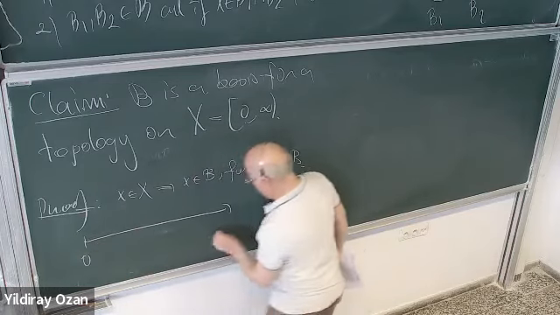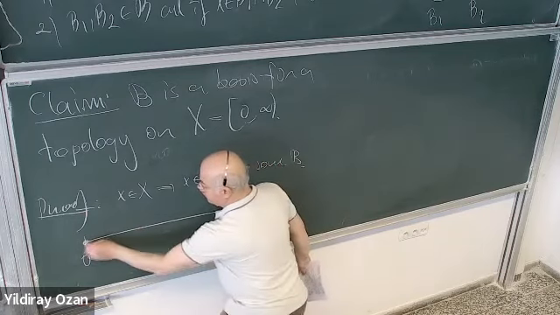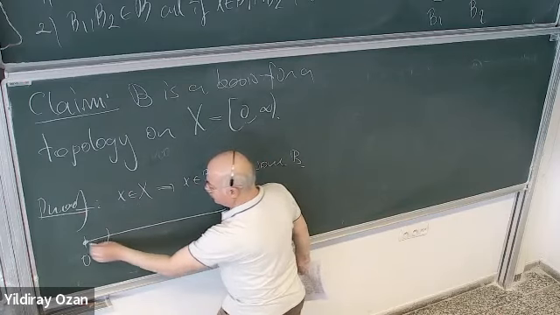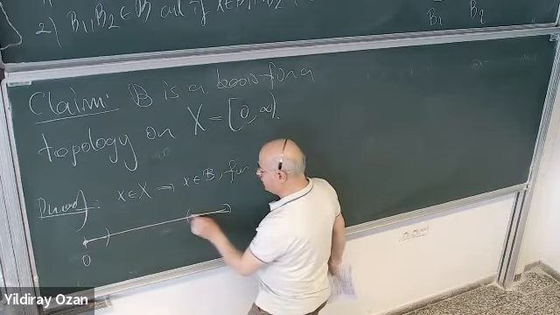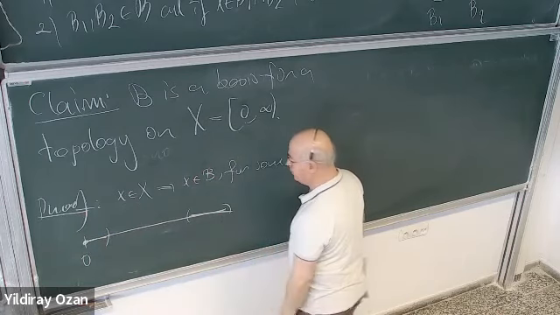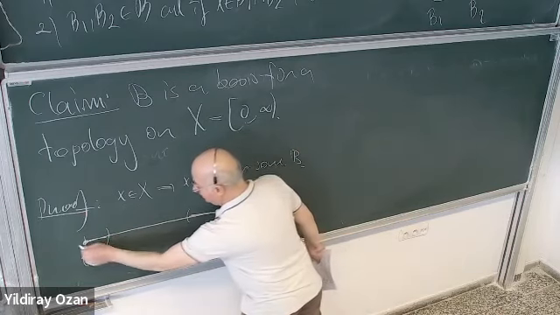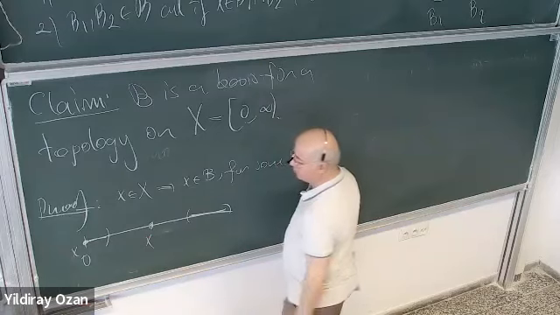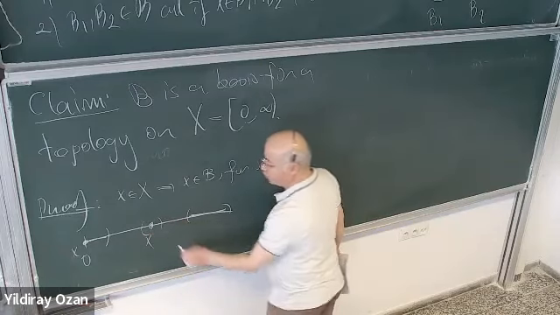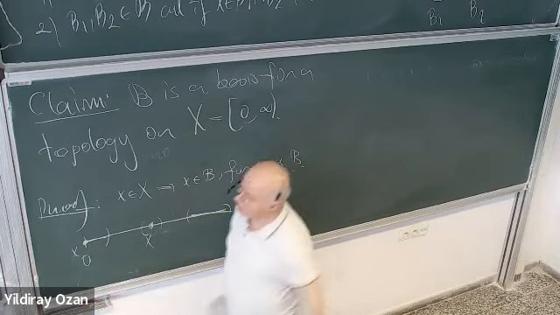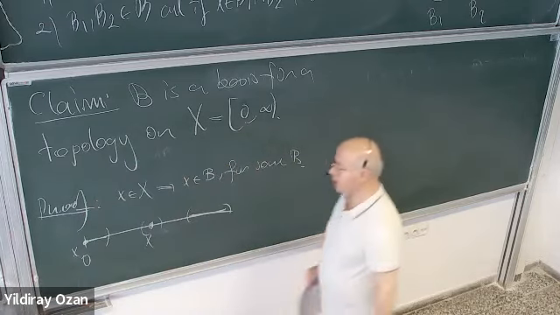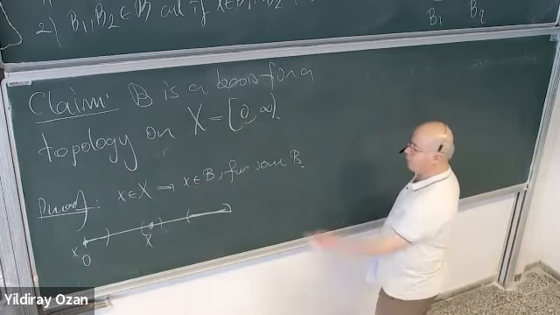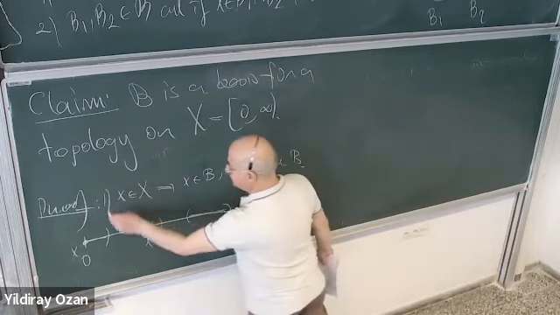Because if you choose this point as your point, then of course it is contained in this interval plus this set, right? It's a basis element. And if X is a positive real number like this, then I can choose an interval like this. It's also an element of your so-called basis. So this property is satisfied.